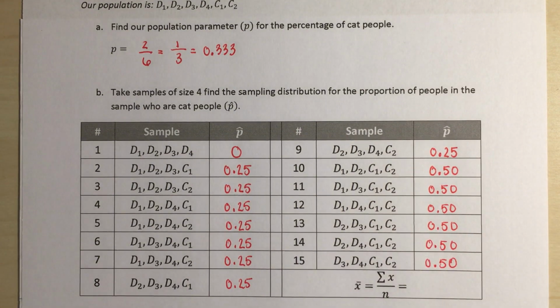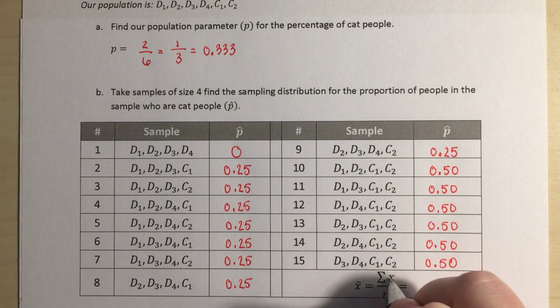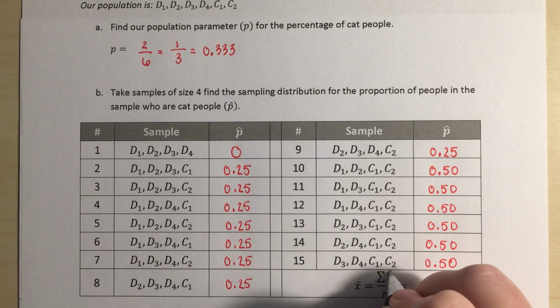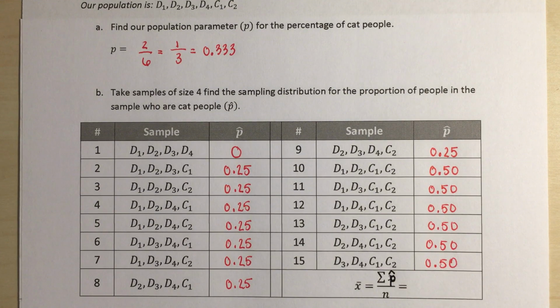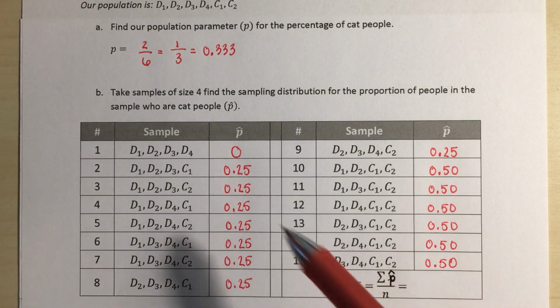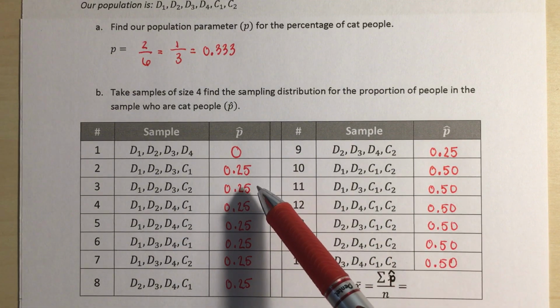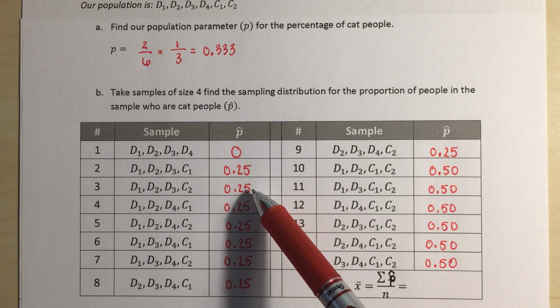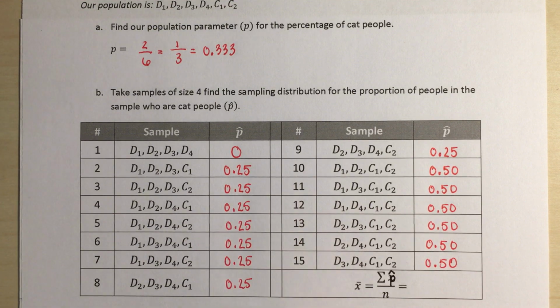All right, now if we want to find our mean for all of these values in our table, this little guy here should not be an X. We're going to turn that into a p hat. We are going to add up all of these different values that I just put in our table in red. So into our calculator, we're going to type 0 plus 0.25 plus 0.25, 0.25 all the way through, and then a bunch of 0.5s.